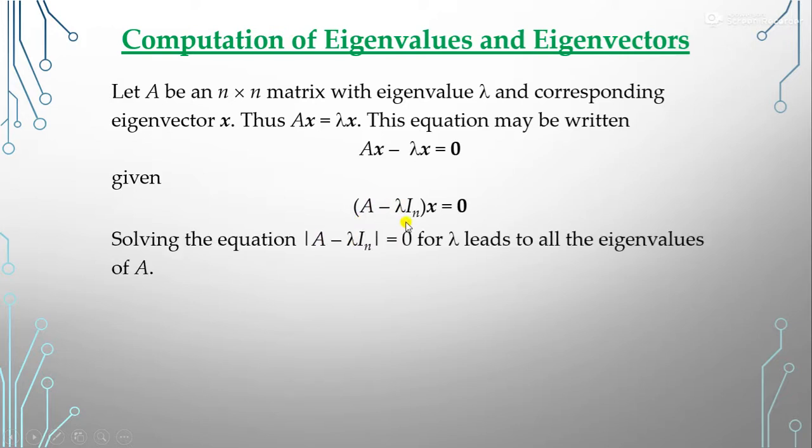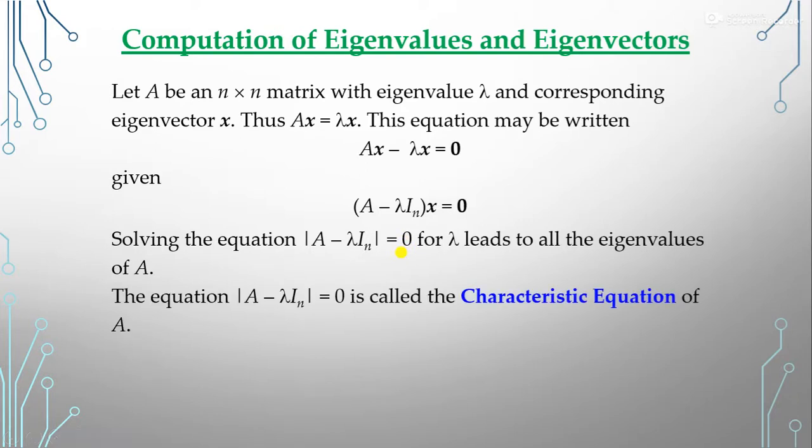Now we solve this equation: the determinant of A minus lambda I is equal to 0. We take the determinant of this matrix, and if we put this determinant equal to 0, this is called the characteristic equation.